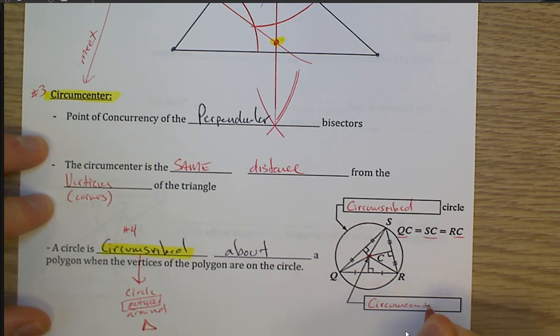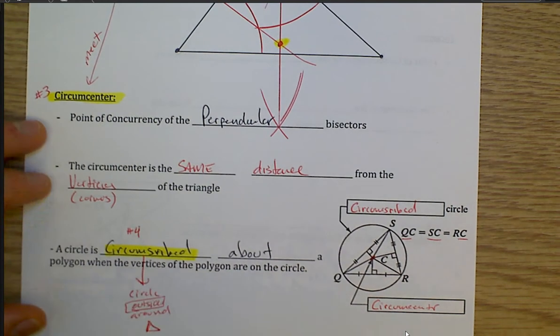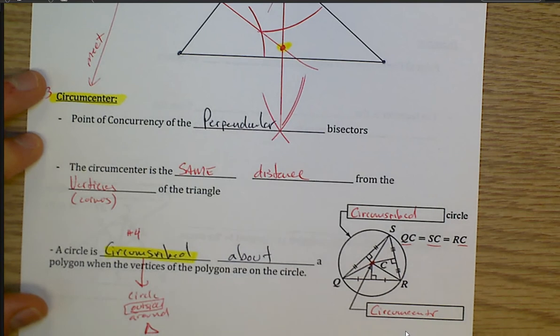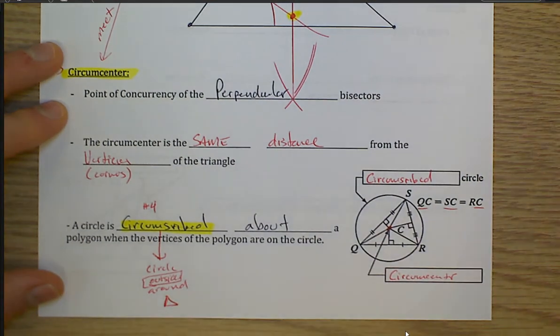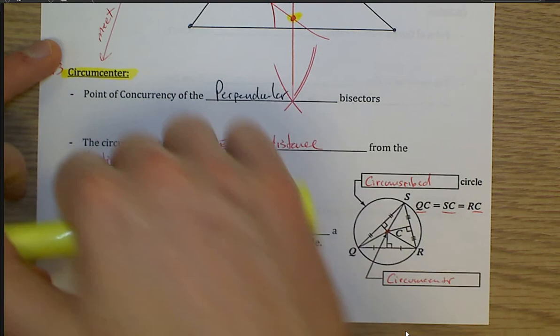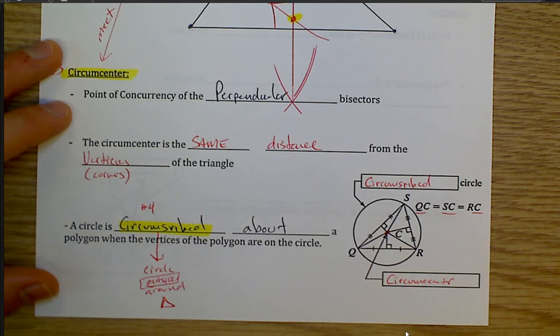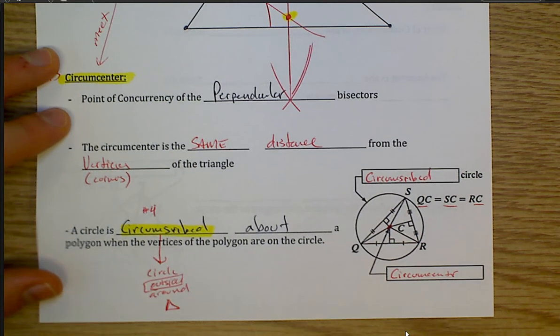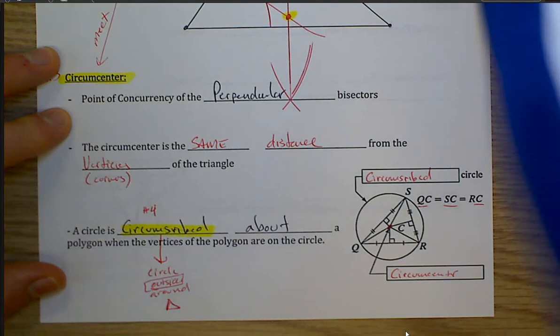Okay? Now, what's the point of this, right? You're probably wondering, oh great, what's the point of this? Well, honestly, in design, like if you're a city planner, or a park designer, and you're making a city park for somebody, I'm just going to make a quick and dirty example here.